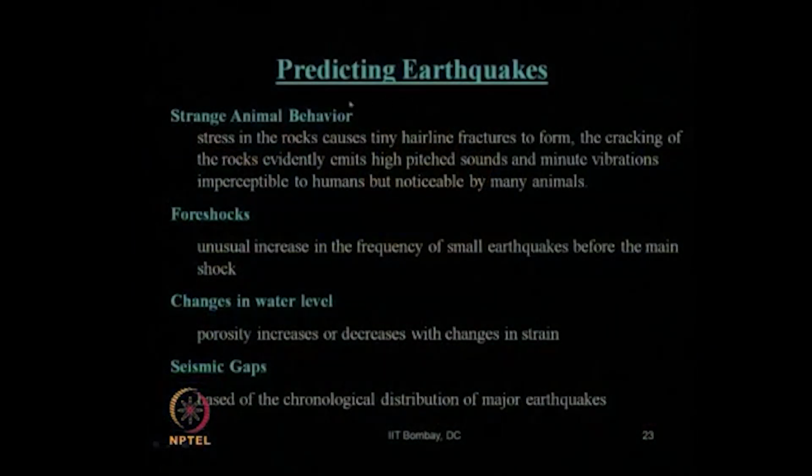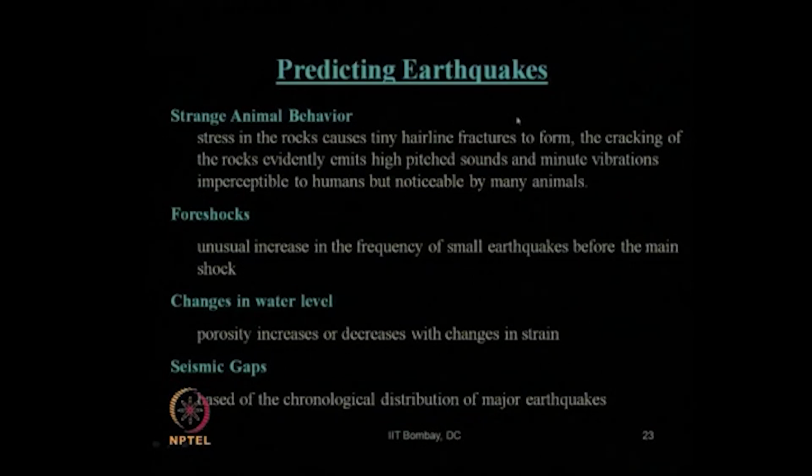That is a mathematical study we can do, but we should not say that we can predict earthquakes. It just gives a probability of occurrence of an earthquake at a particular region over a time frame. It cannot give an exact date and time at which that earthquake is going to occur. Okay?